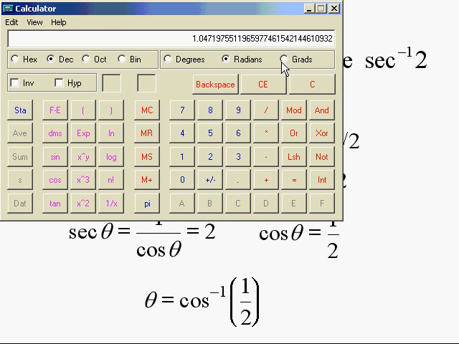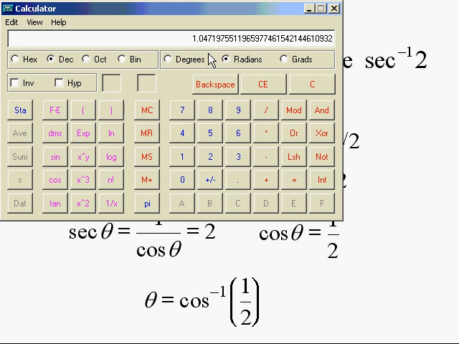Now I don't know if you recognize that. You maybe could to see that cosine inverse of 1/2 means the angle whose cosine is 1/2. Well, pi over 3 is an angle whose cosine is 1/2 in radian measure, and this is pi over 3.